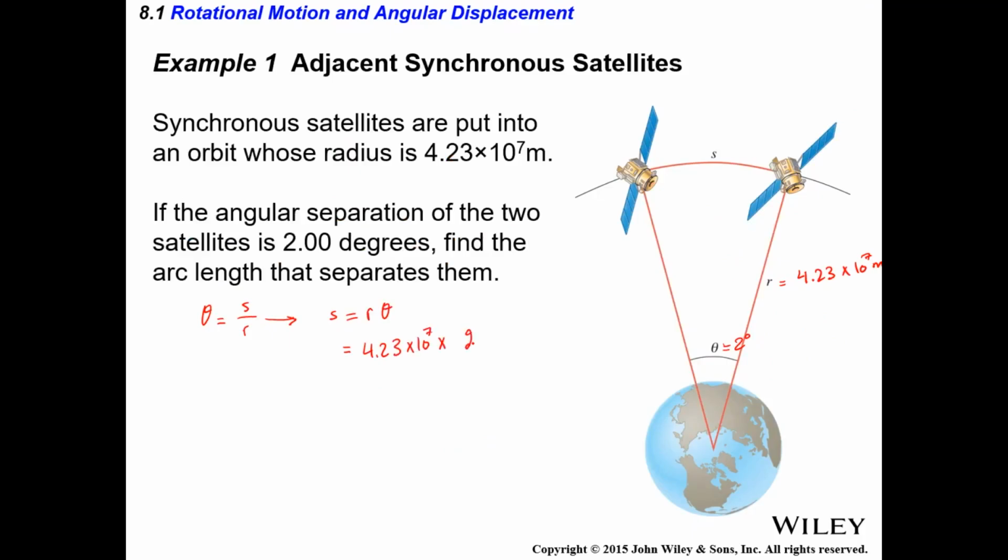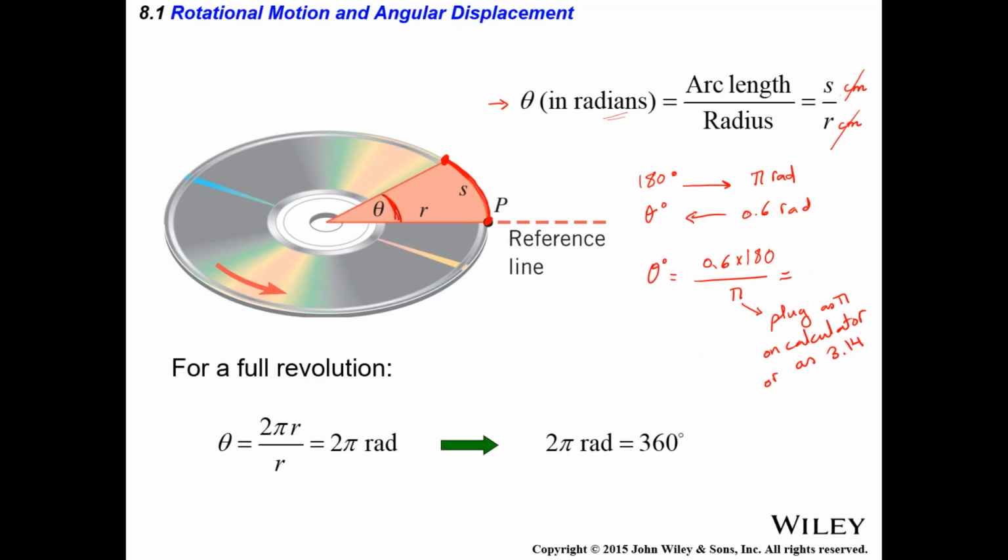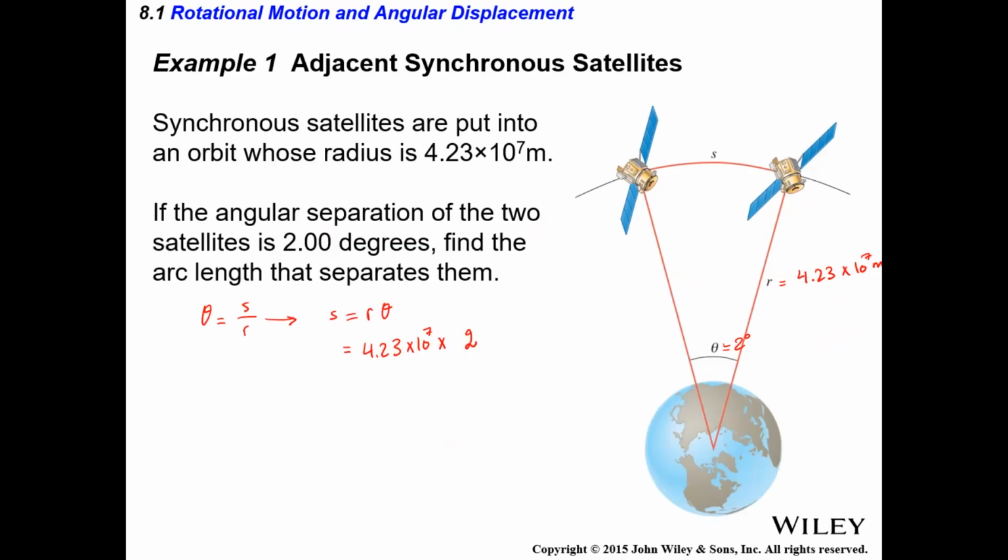Now theta here is in degree, but our formula says theta should be in radian to have unit consistency, right? So here I'm gonna convert from degree to radian. This will be theta in degree times pi over 180. How did I do that? I repeat to you. This angle is in degrees. I know that pi radian is 180 degrees.